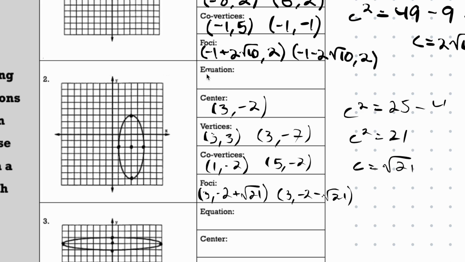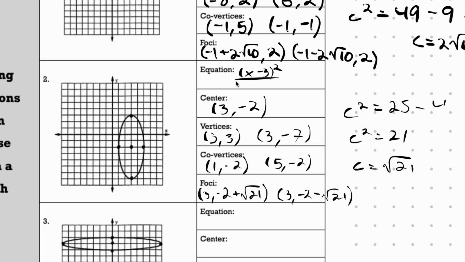Our equation is going to be x minus 3, right? It's the opposite, since we have positive 3 down here. So x minus 3 squared over, since our x is our horizontal axis, is going to be our minor axis. That's going to be over b squared, and our b value we said was 2.